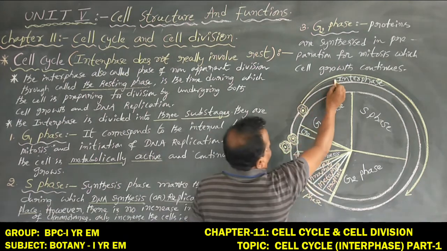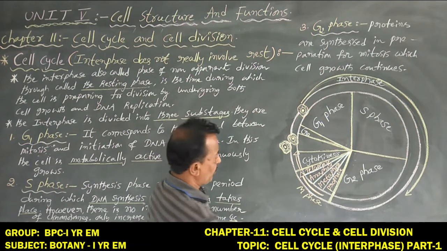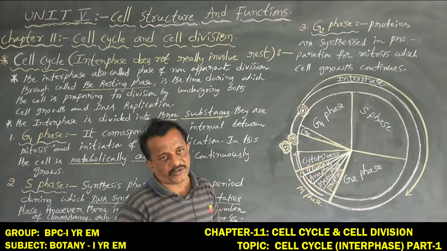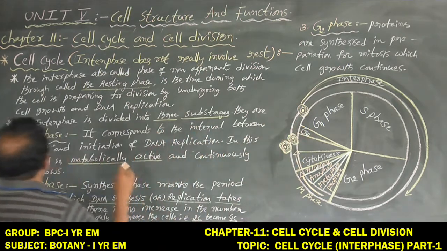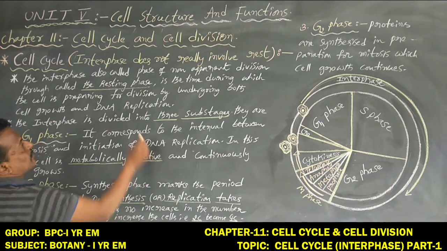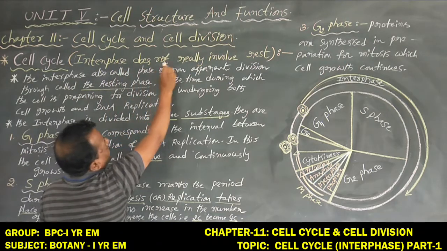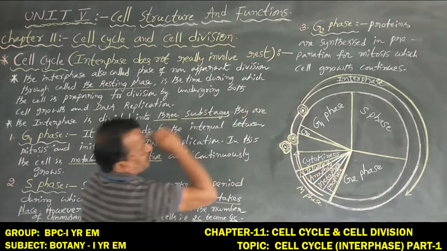The interphase is also known as the resting phase. The M phase is also known as the mitosis phase. The interphase is also renamed, as it does not really involve rest.